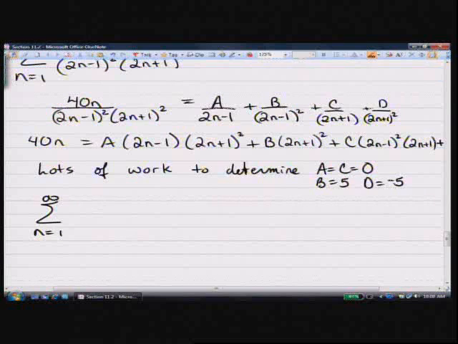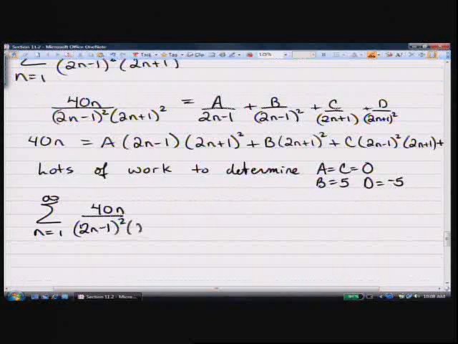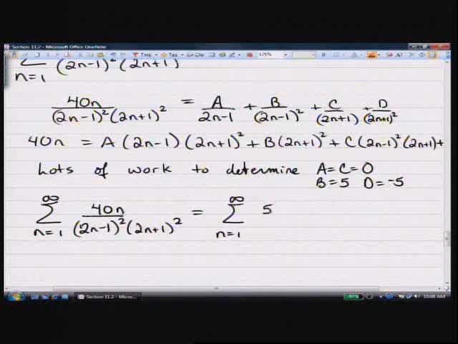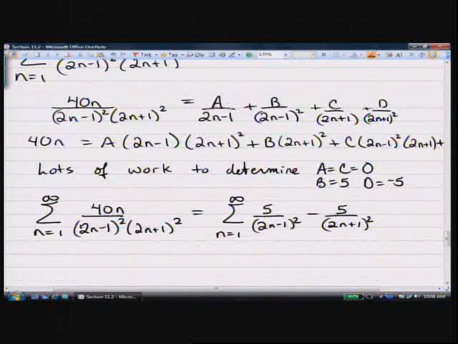of 40n over 2n minus 1 squared times 2n plus 1 squared can be thought of as, if A and C are 0, 5 over 2n minus 1 squared minus 5 over 2n plus 1 squared, right?